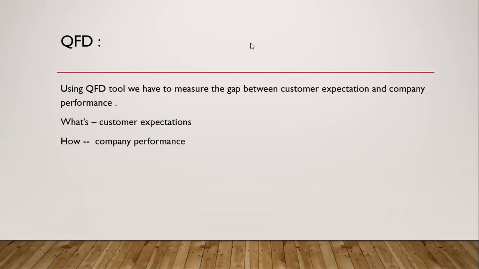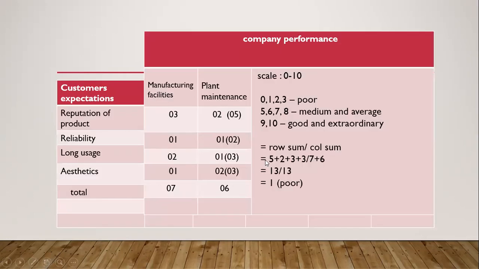Now our objective is to use the QFD matrix to map the gap between the customer expectation and the company performance. So here comes the mapping of the customer perception and the company's performance. Here we can perform a row-wise and column-wise comparison.